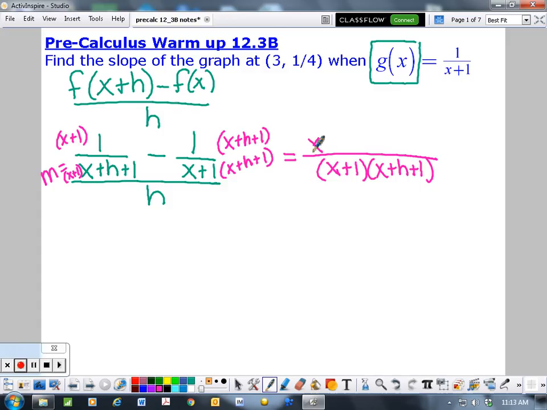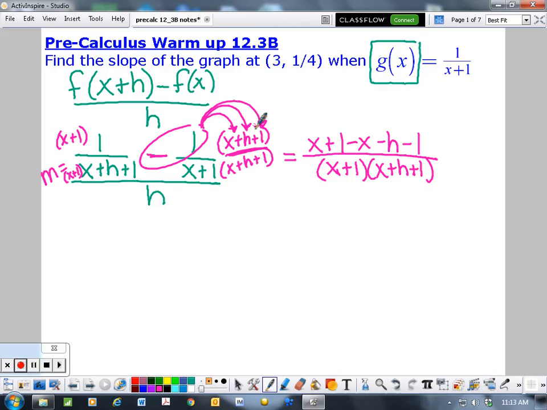So I'm going to have an x plus 1 from over here, and then I'm going to minus the whole thing here. That really means I'm going to subtract everything that's in that parentheses, which would be a minus x, a minus h, and a minus 1. Really just taking this negative 1 and distributing it to everything there.